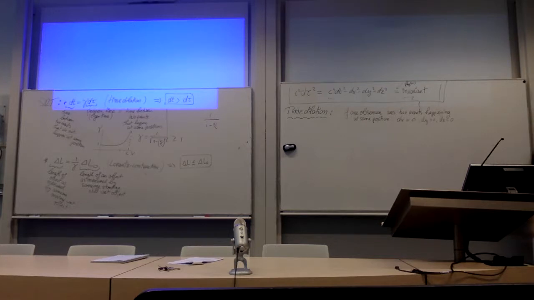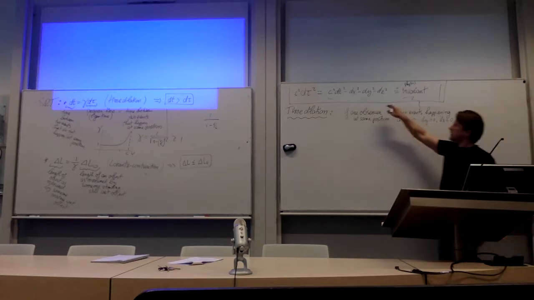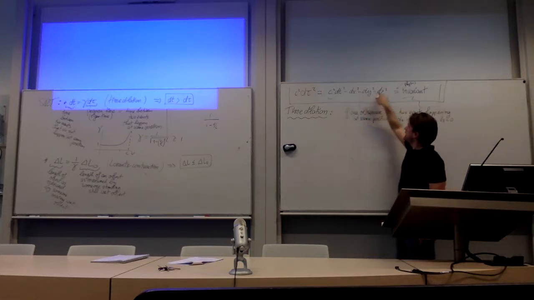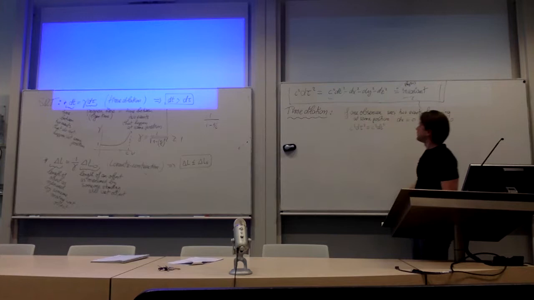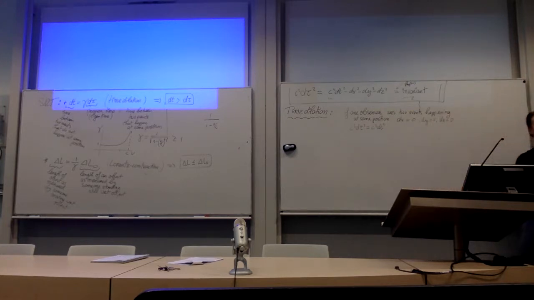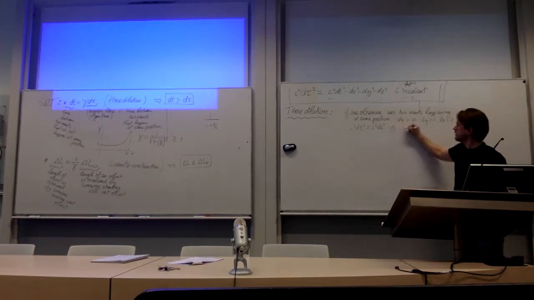Right? Dx is the amount of space in the x direction between the two events, but if he sees it happening at the same position, that means the amount of space between the two events is 0 for him. That's by definition of seeing things at the same position. Now, if you substitute dx, dy, dz equal to 0, you will end up that for this particular observer, this follows. Or in other words, that d tau is dt.